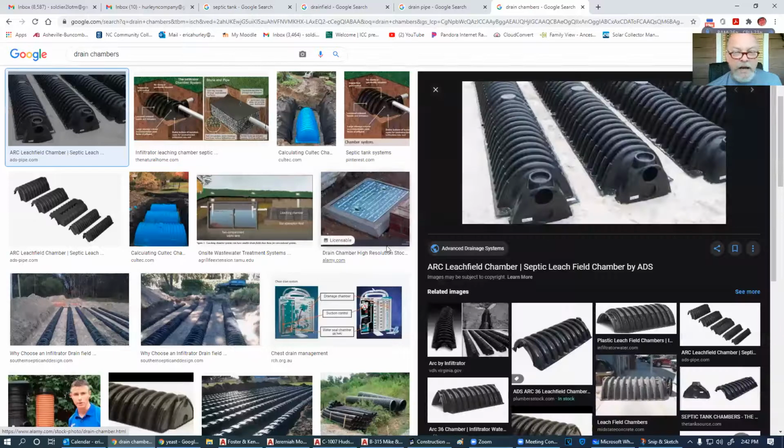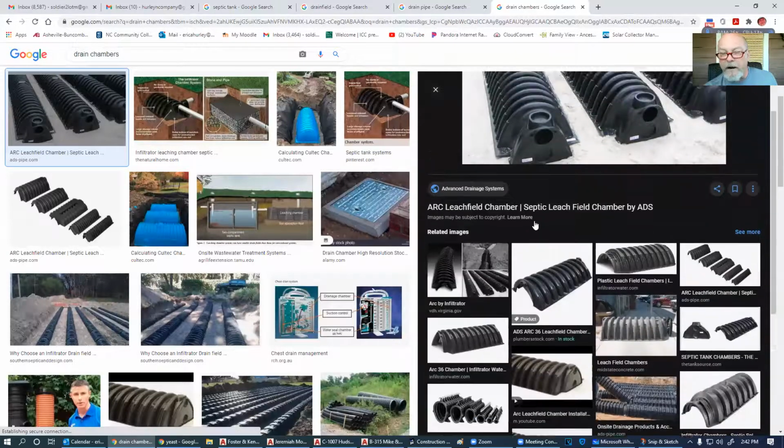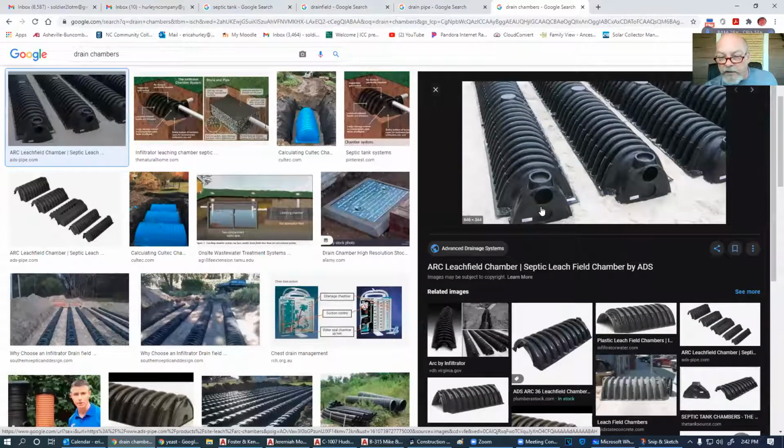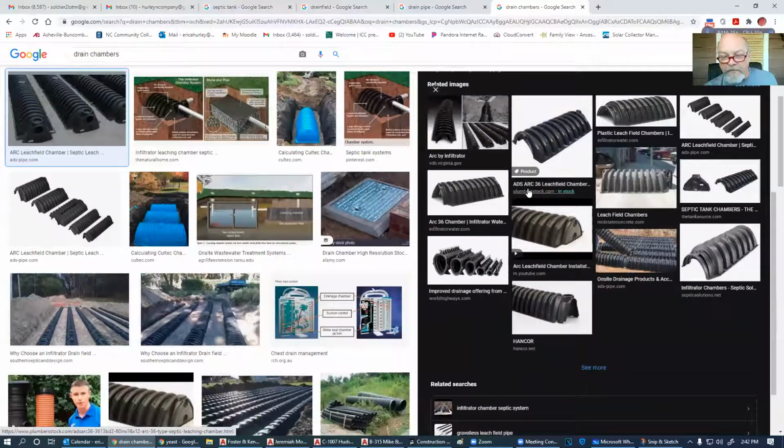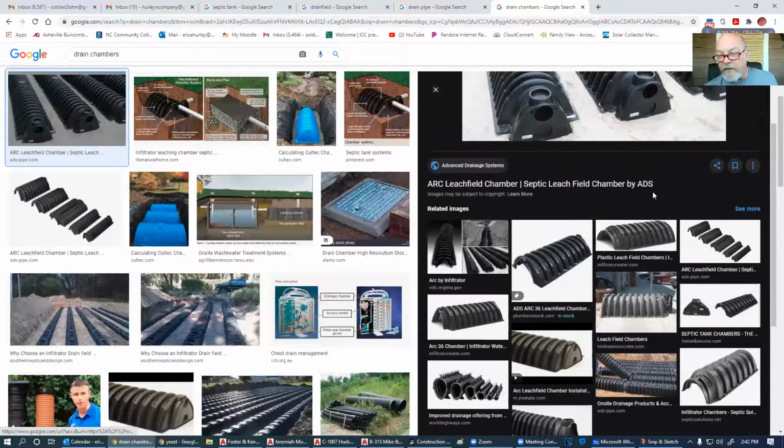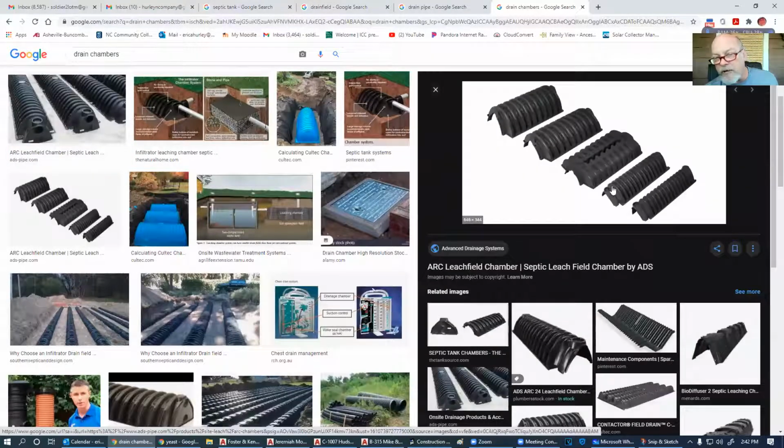So these are chambers. They're approximately 36 inches wide and about 2 foot or so tall. Depending on what manufacturer you get, these are going to be different sizes, obviously, small to large.